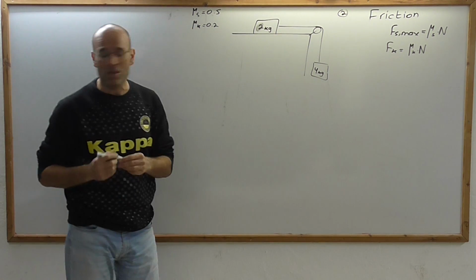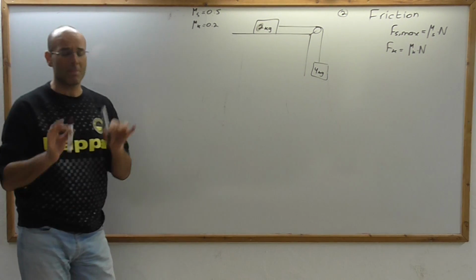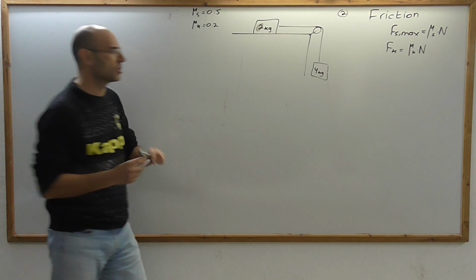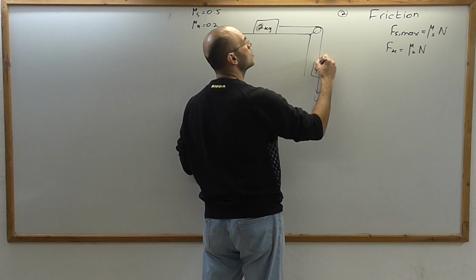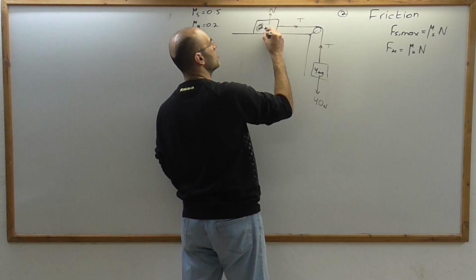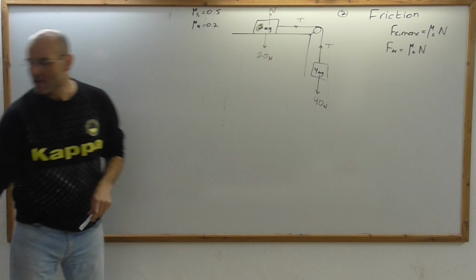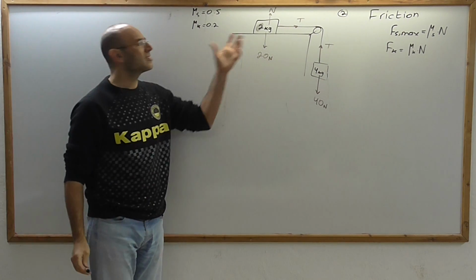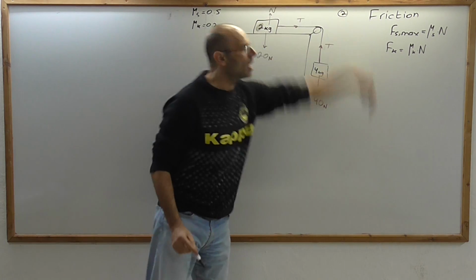Okay, how do I deal with these problems? First of all, it doesn't matter what they ask me. First of all, I apply forces without the friction. So obviously, this will be pulled by 40 newtons, T, normal force, 20 newtons. Now I ask myself, which way does this system tend to move? Obviously, it tends to move downwards.